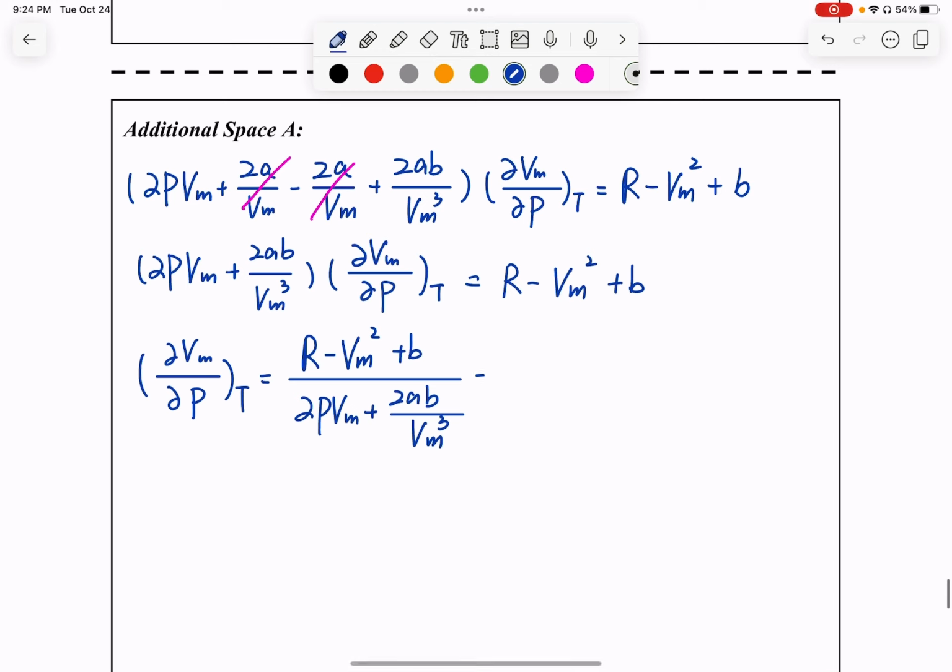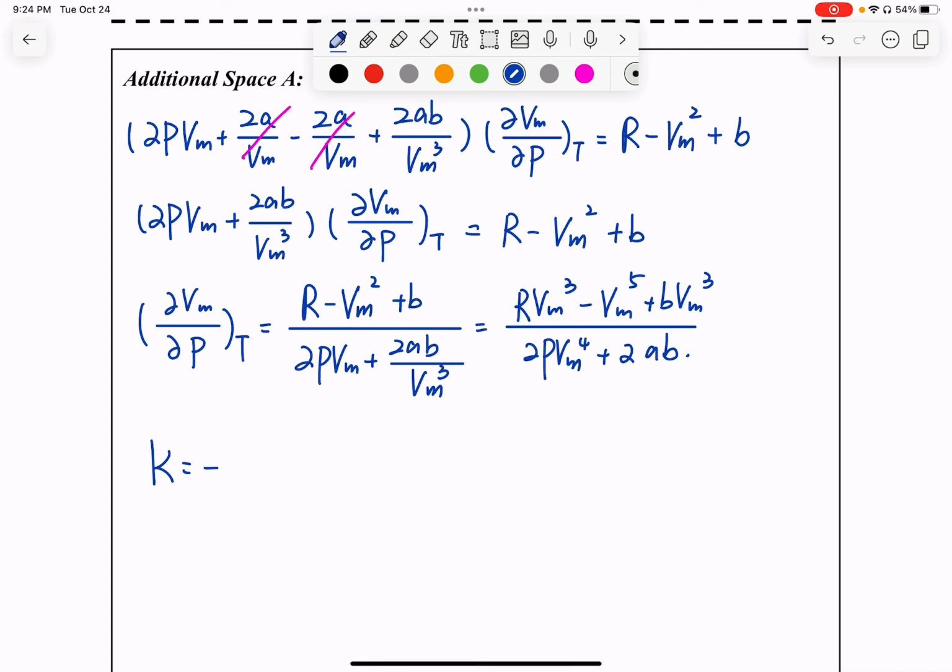You can organize the term a little bit by multiplying Vm third on both top and bottom. So we have R Vm third minus Vm fifth plus b Vm third over 2p Vm fourth plus 2ab.